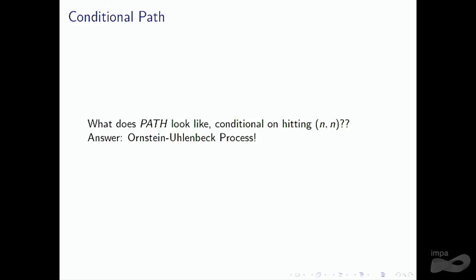And then we can further ask, suppose we do hit NN, what does the path look like? So again, this is like a general problem. We have this rare event that we have an unstable system, but we condition on stability. We condition that it hits NN.